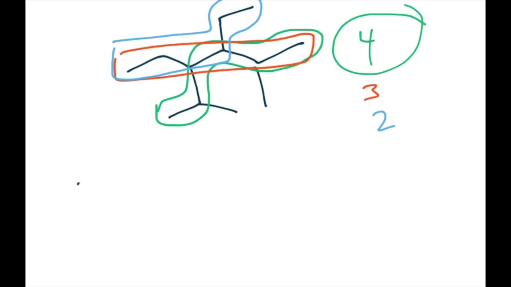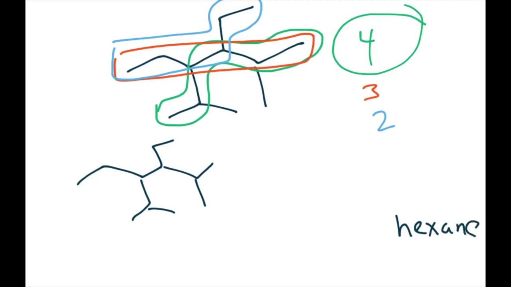So I'm going to redraw this so you can actually see what's going on. It's going to be a little crappy looking, but whatever. So it's going to be hexane. Right, this is going to be our, we'll go with green again, 1, 2, 3, 4, 5, 6, our hexane. So what are my substituents?